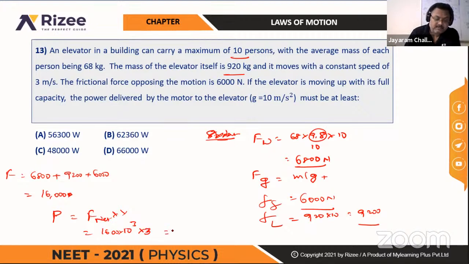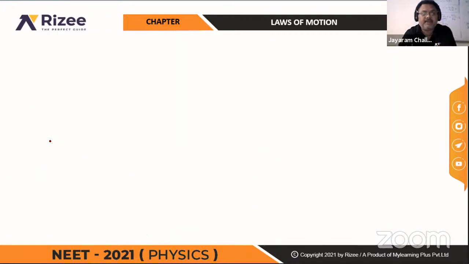Multiplying this, that is your total power delivered in moving it.